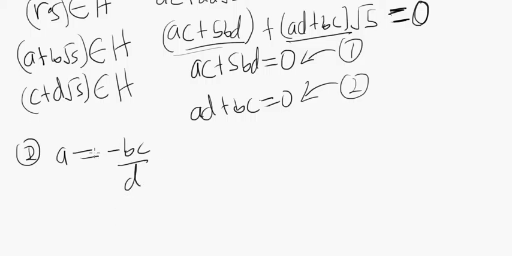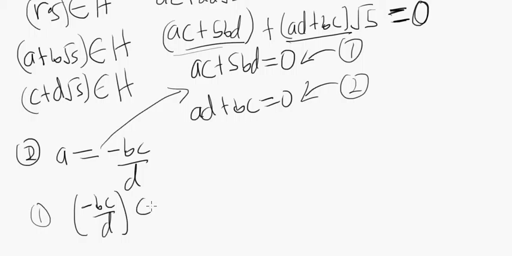So if we plug this A back into 1, well, 1 now becomes: wherever we see A, we plug in minus BC over D. So we'd have minus BC over D times C plus 5BD equals 0.